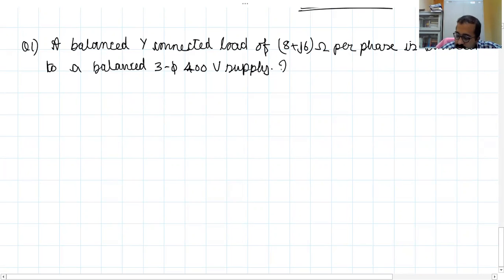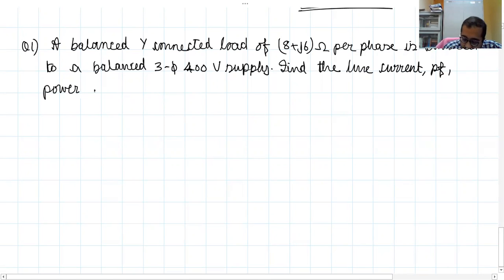Find the line current, power factor, power, and total volt amperes.